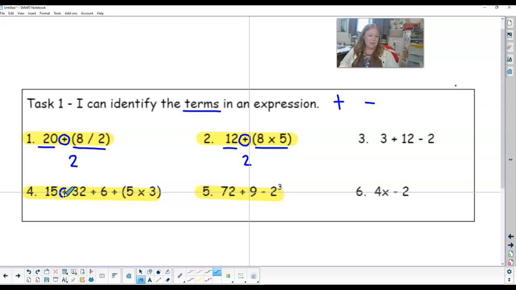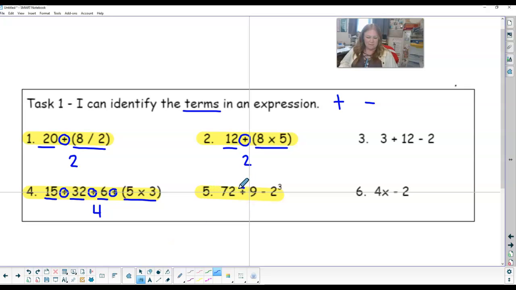So here we have an add sign, here an add sign, here an add sign, and this says 5 times 3. So 15 is a term, 32 is a term, 6 is a term, and 5 times 3 is a term. So this one has 4 separate terms.